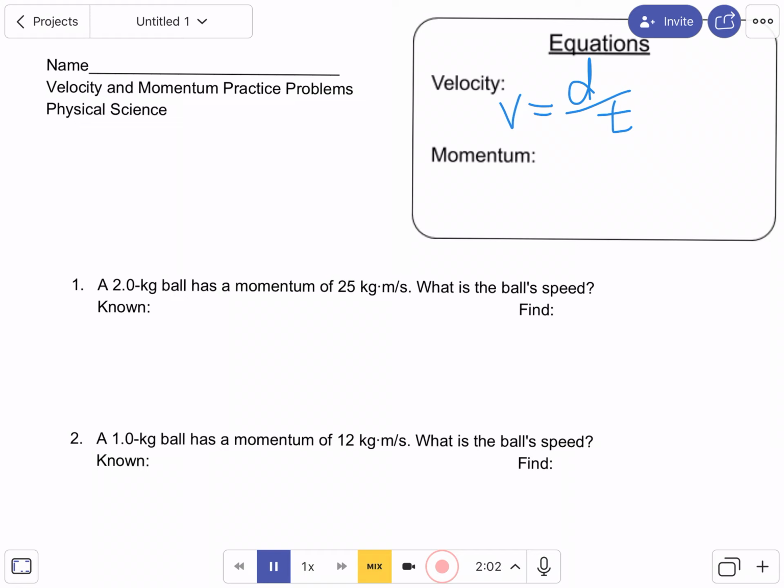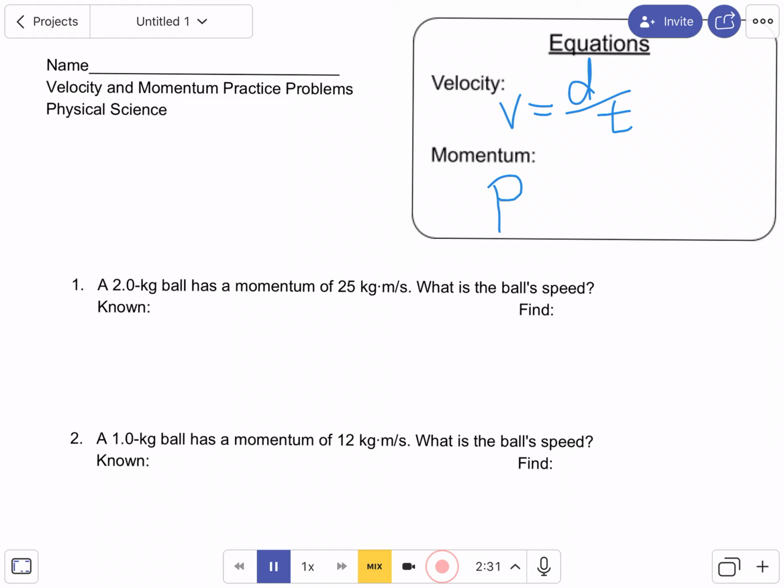For momentum, this is a new equation that you've read about, but we are going to calculate now. So momentum is abbreviated as a lowercase p, and the reason for that is that the m's were already taken. m already stood for mass, it stands for meter, it stands for molarity or the number of moles, so they'd run out of things to use.